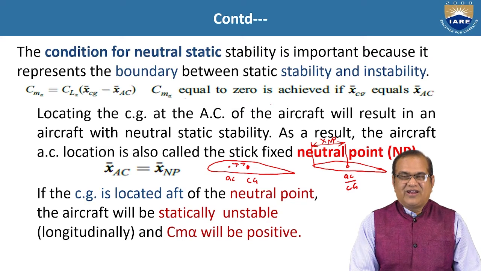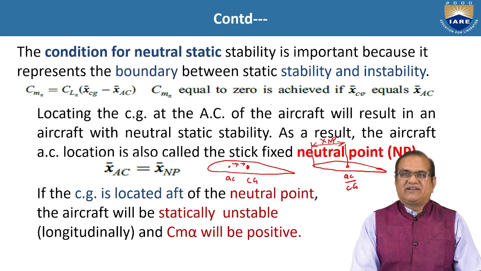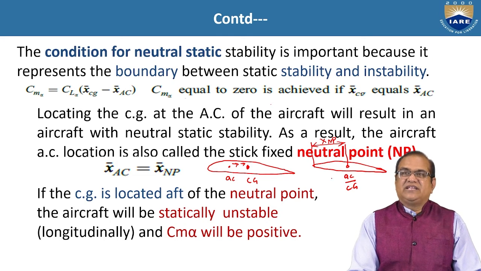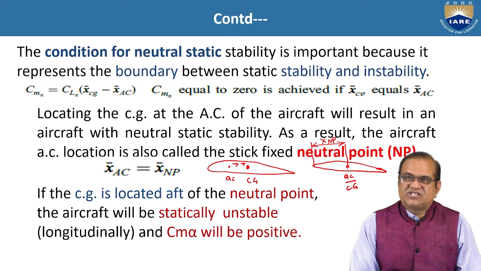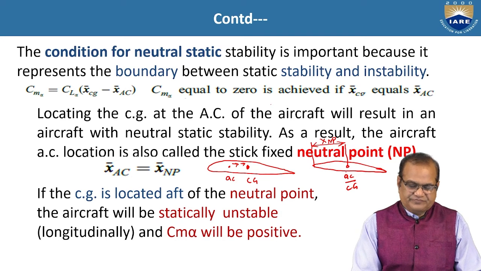Whenever the aerodynamic center of the aircraft is coinciding with the center of gravity of the aircraft, that point is called the neutral point, and the distance from the leading edge of the wing to the neutral point is known as the X neutral point, or the distance of the neutral point.